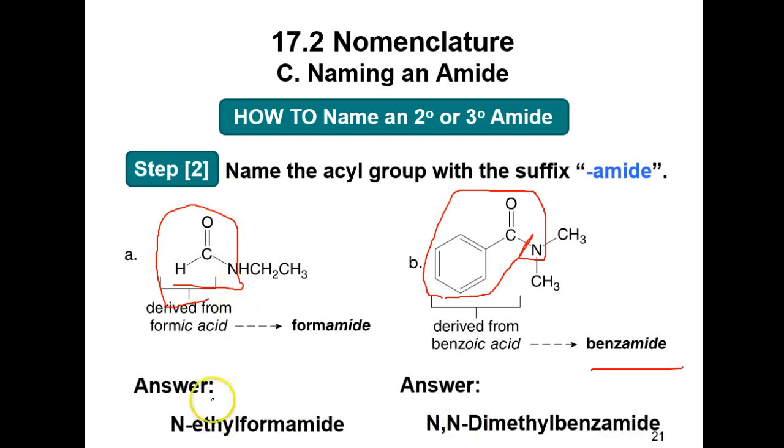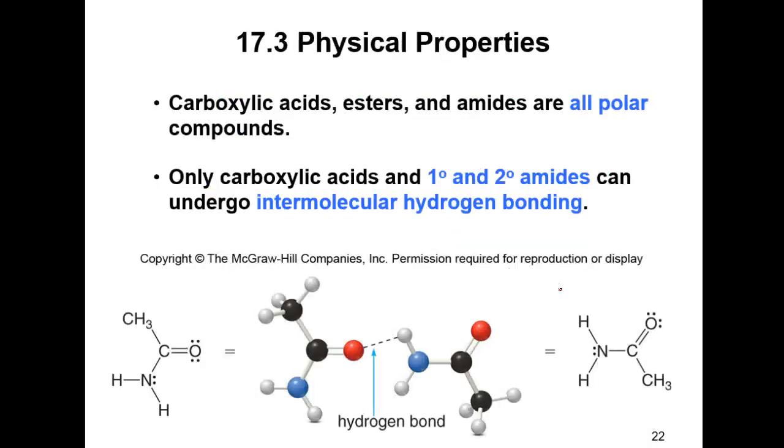So this is called N-ethyl because the ethyl is attached onto the nitrogen, and then you name the formamide part. Same thing over here: you've got N,N-dimethyl, and then you have the benzamide. Again, amides aren't really going to be asked of you to name on the exam, but you should have an idea of how to name them.